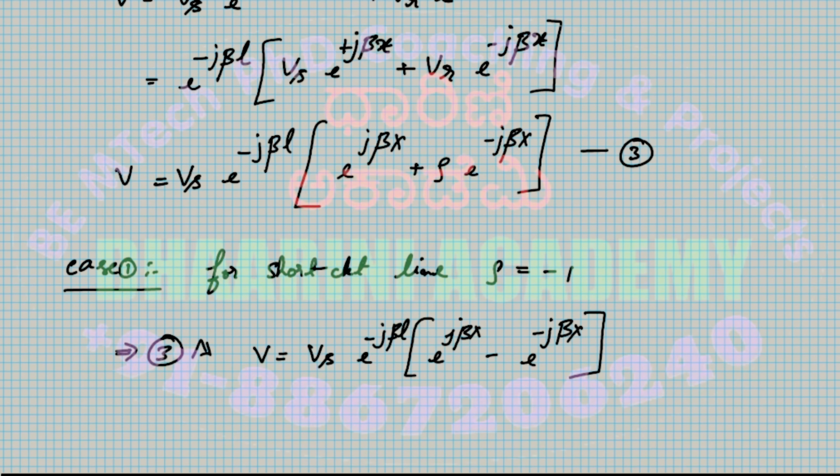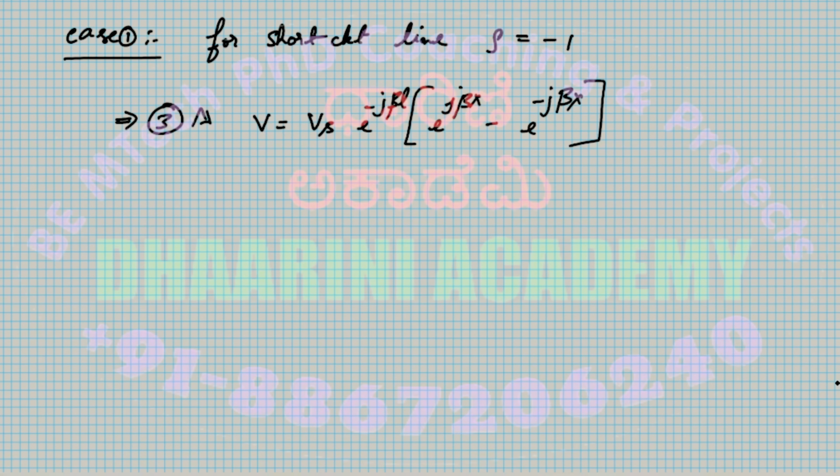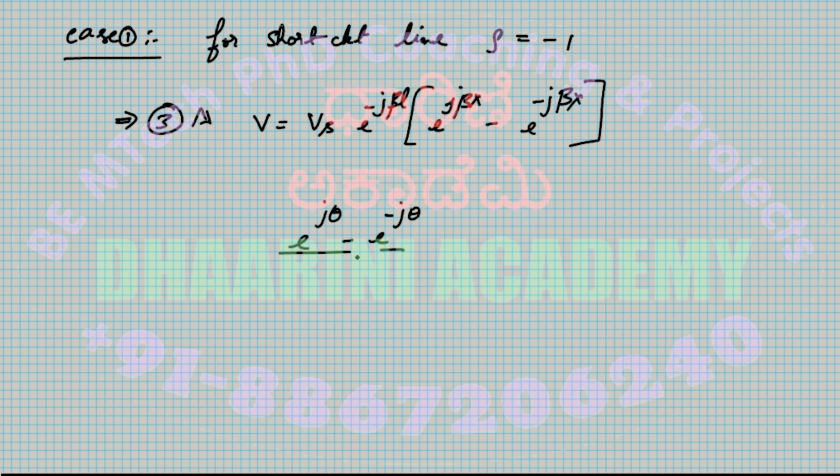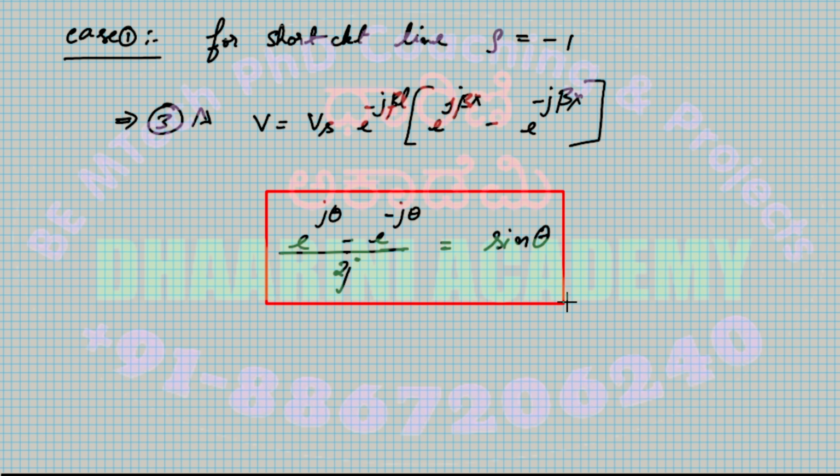Now, I know from trigonometry, e to the j theta minus e to the power minus j theta, divided by 2j, can be written as sine theta. I don't see a 2j in the denominator, so I need to multiply and divide by 2j.